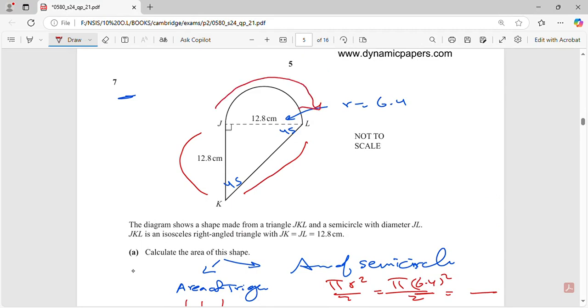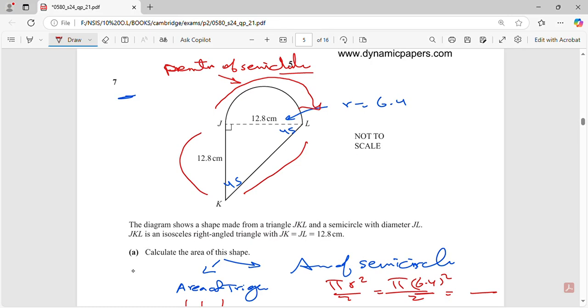Of course, this length is represented by the circumference of the semicircle, right? Or, as we can say, the perimeter of the semicircle. Why the perimeter of the semicircle? Because we're talking about half of a circle.